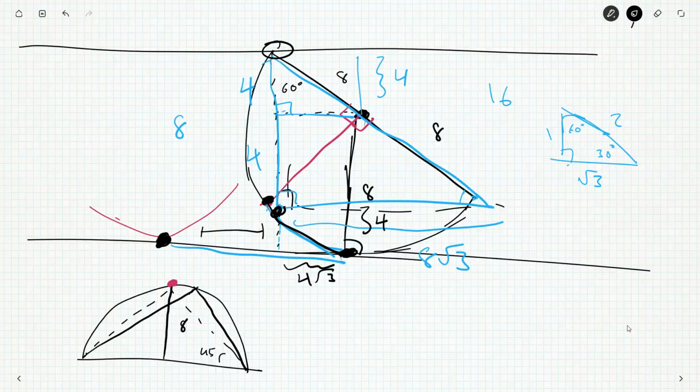That's where this point is. Now, these two lines are parallel, so this is 60 degrees here. So it's a right angle here, and it's 60 degrees here, so they're 30 degrees away. It's 30 degrees for this point of contact. Okay.